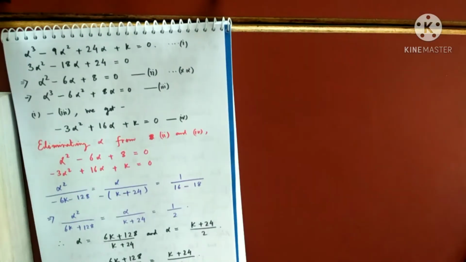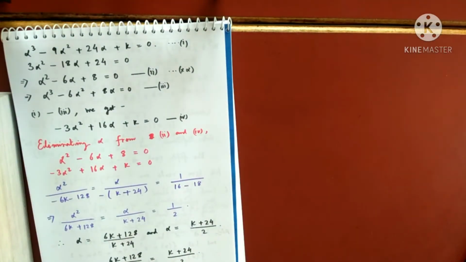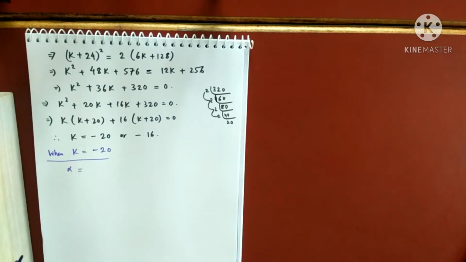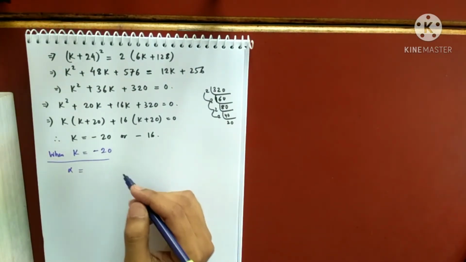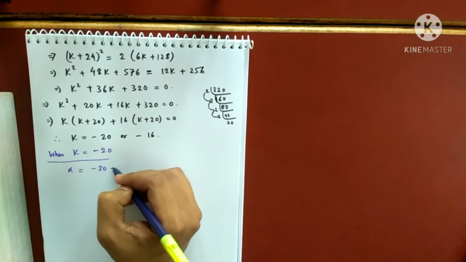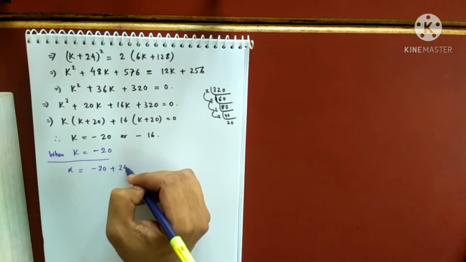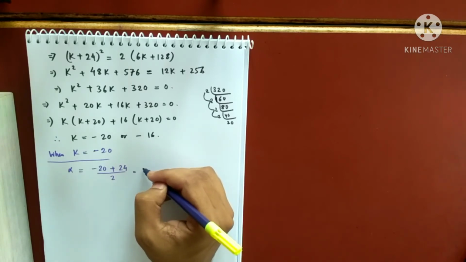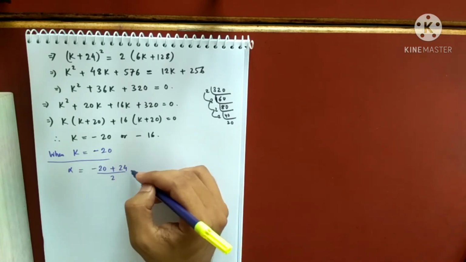When k equals minus 20, what is alpha? Both will give you the same answer. Okay, so I'll use the easier one. So what is alpha? (k + 24)/2. That is how much? 24 minus 20 is 4, 4 by 2 is 2.